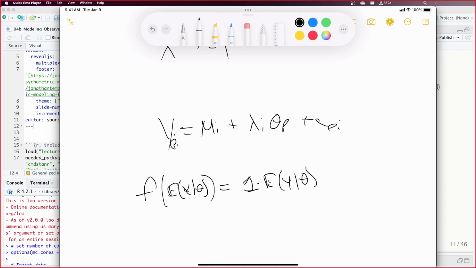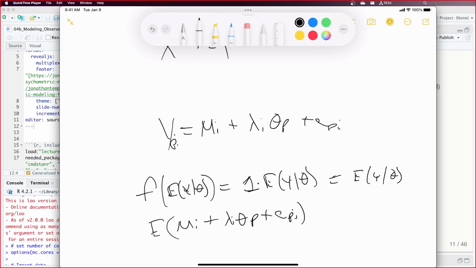This is a 1 right there, right? So it's just the expected value of y given theta. And so when you apply that to this linear model right here, we're looking for the expected value of mu plus lambda I theta p plus e.